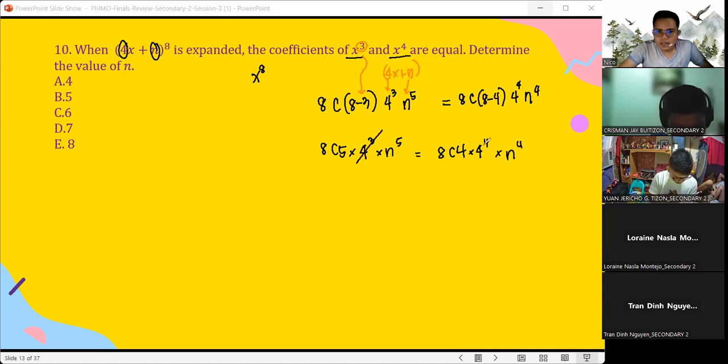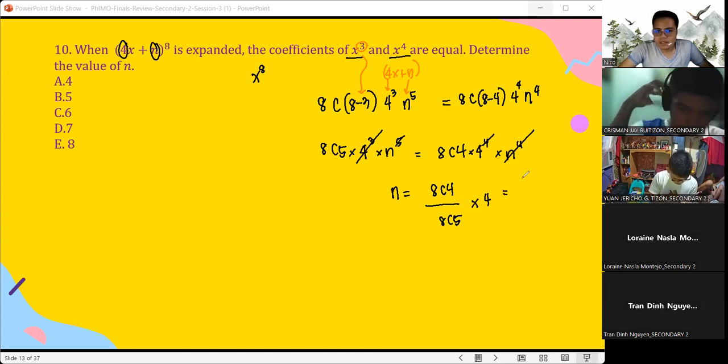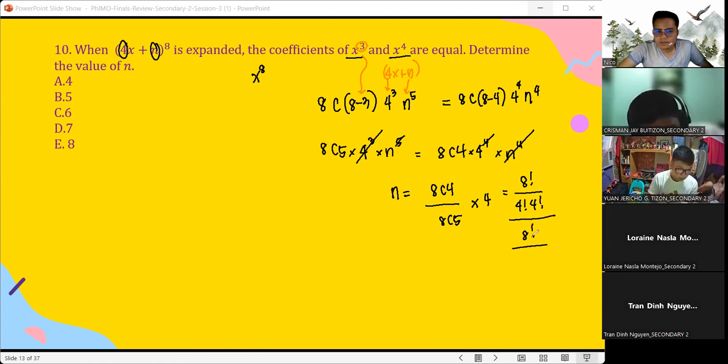So cancel, cancel, cancel, cancel. N value is 8c4 over 8c5 times 4. So this is 8 factorial over 4 factorial 4 factorial, and 8 factorial over 5 factorial 3 factorial, times 4, right?